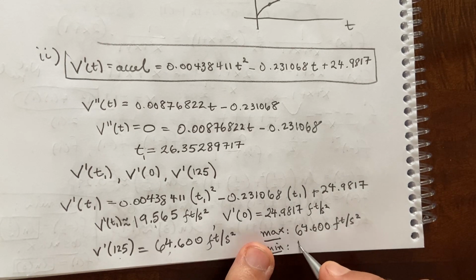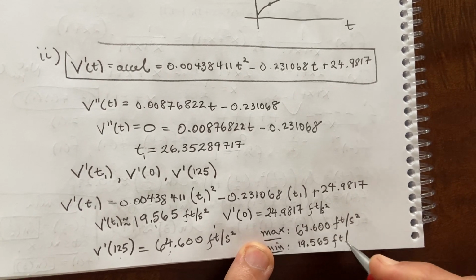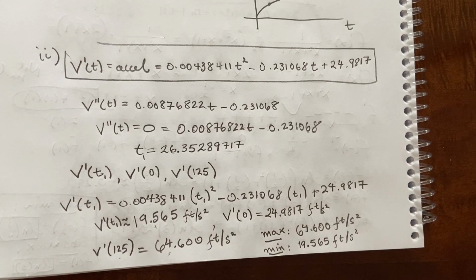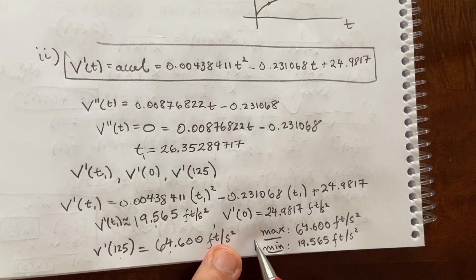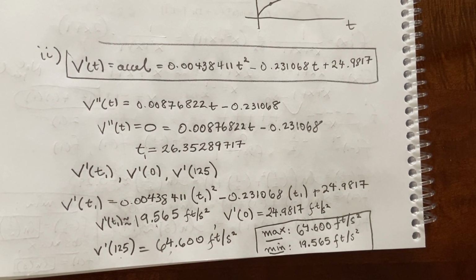So about 19.565 feet per second squared. So those are the max and min values for acceleration during the first 125 seconds of this space shuttle's journey.